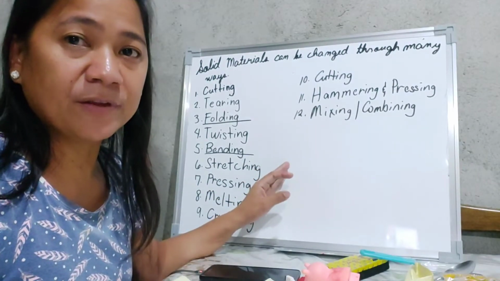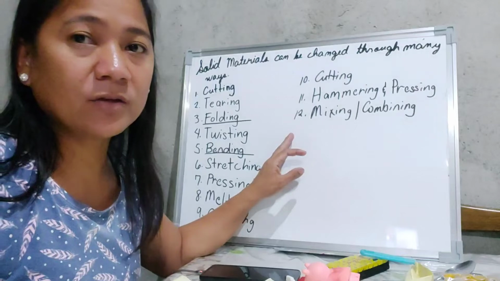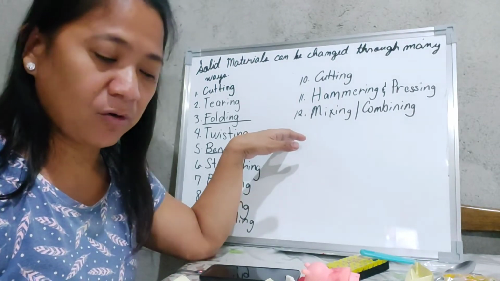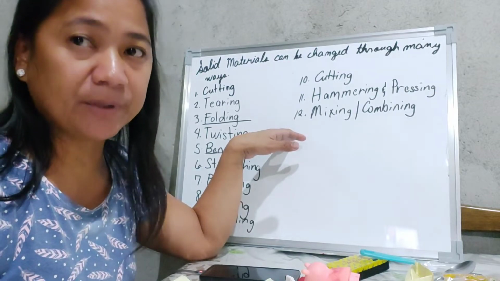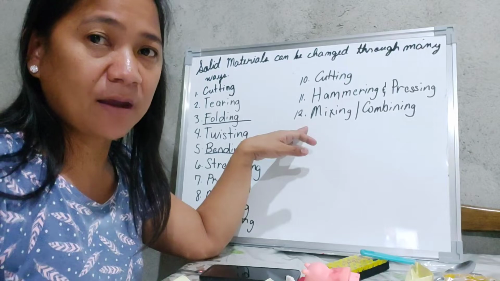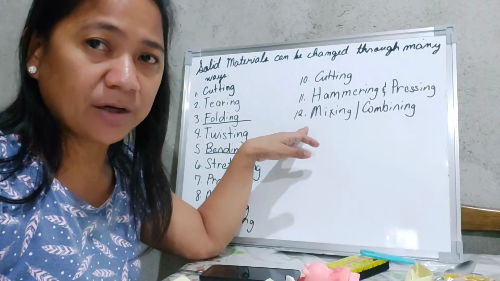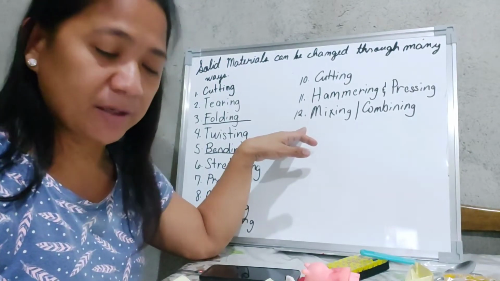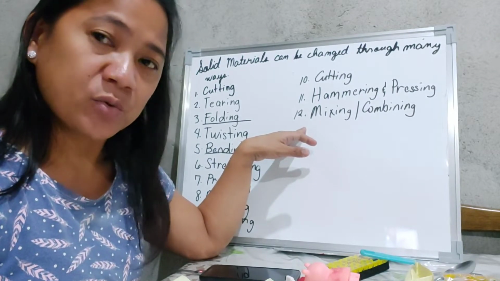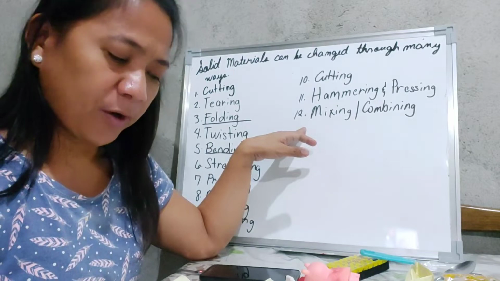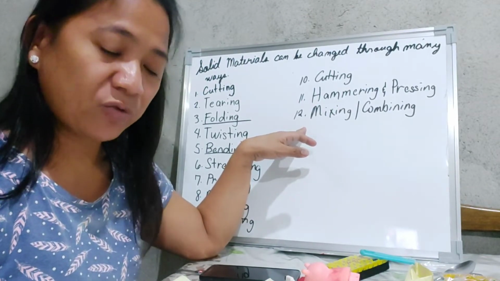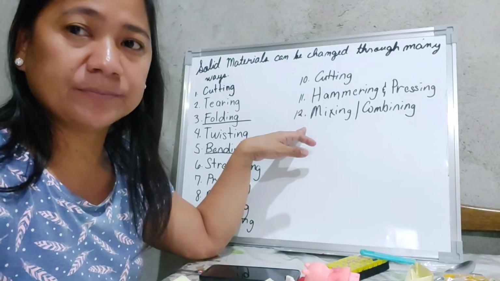We also have number 12, mixing and combining. Materials change when they are combined or mixed with other materials. An example is sugar. Sugar is a solid material, but when we mix it with water, the sugar changes its form and becomes part of the liquid because it forms a sugar solution.